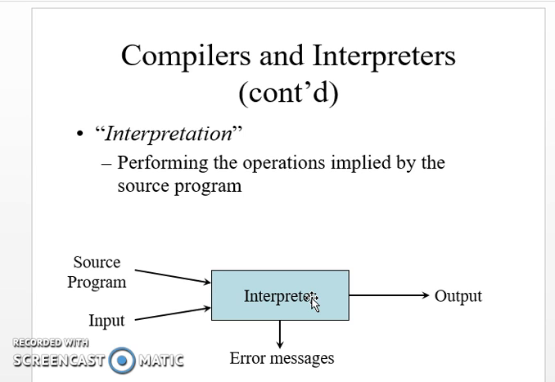According to those error messages, the user can modify the code at the second line. Again, the interpreter starts translating the second line and then moves to the third line. In this way, it translates the source code. This is the interpreter.